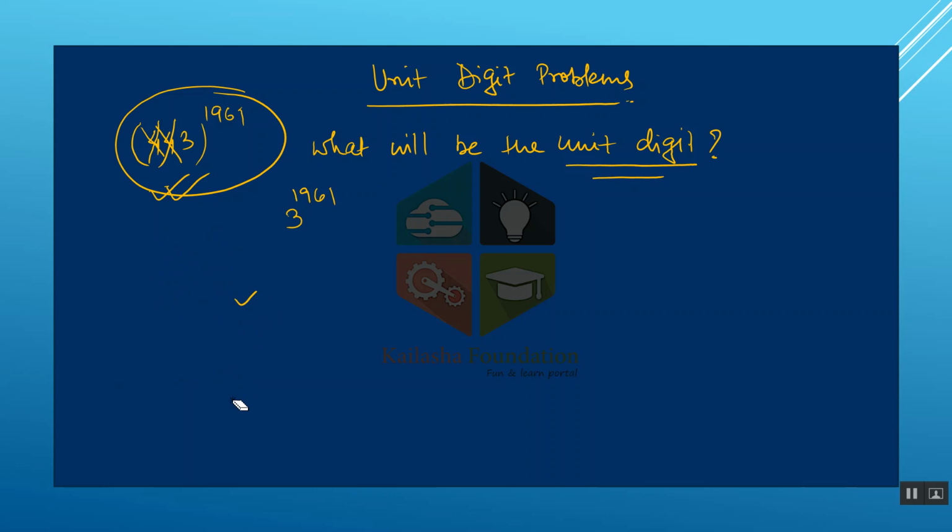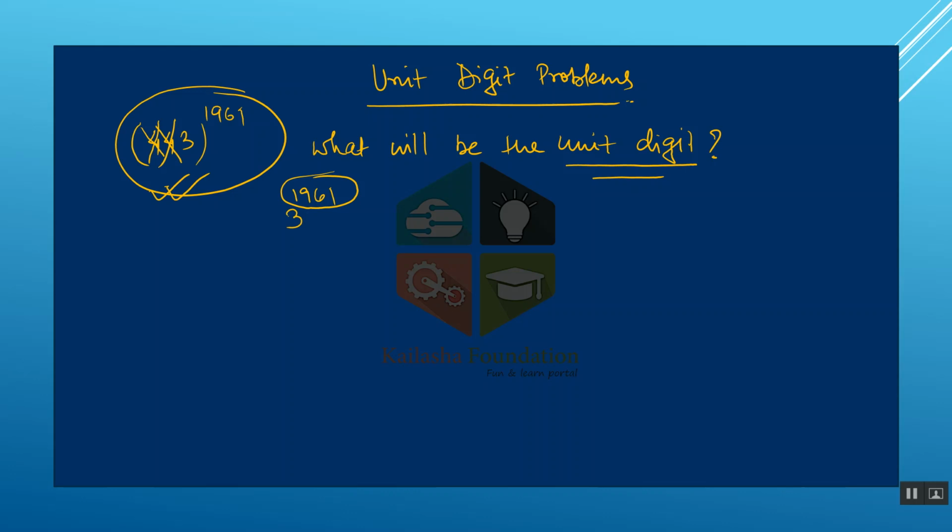Okay, but 1961 is still a very big power. If this question is asked, then the person who asked knows that it can be solved, so there must be a way.